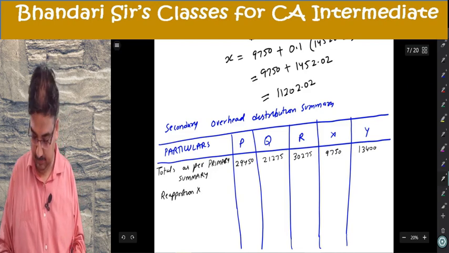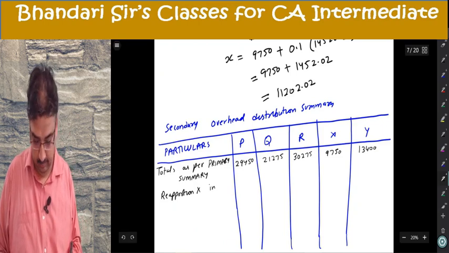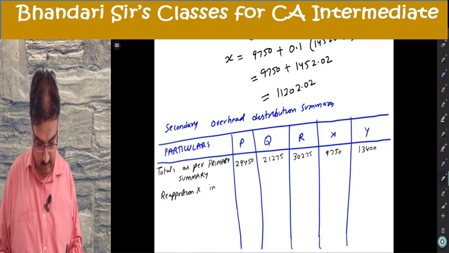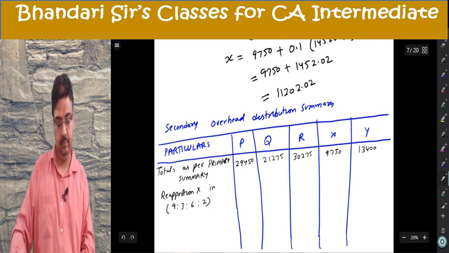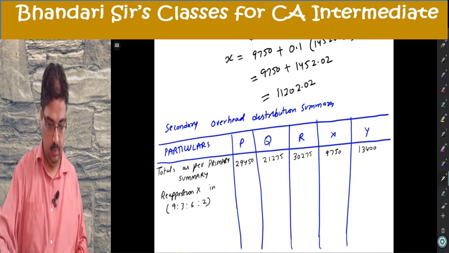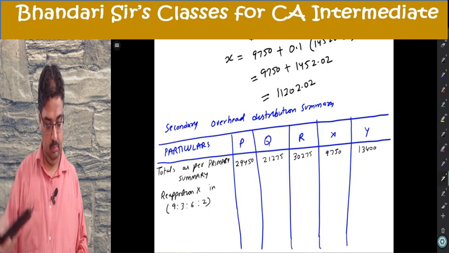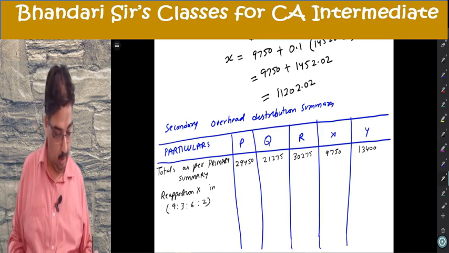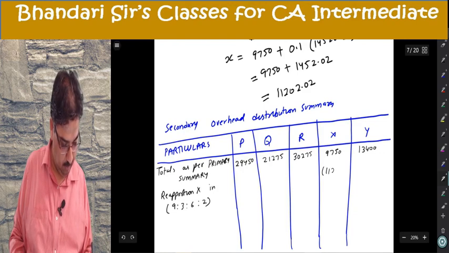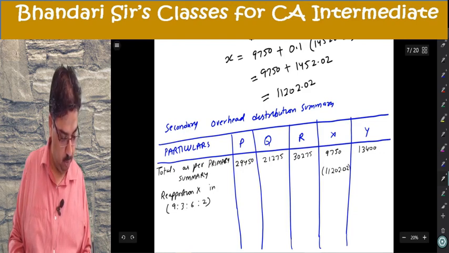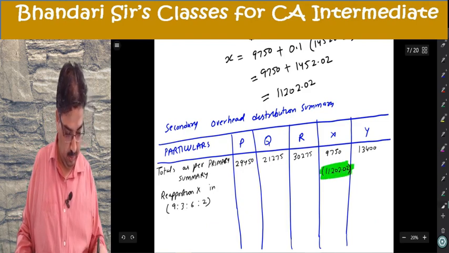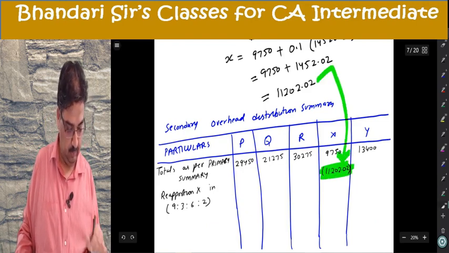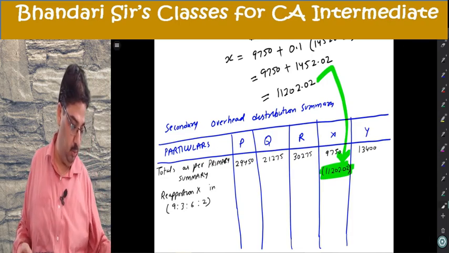Reapportion X in the ratio 9:3:6:2. So this becomes the amount of X, 11,202.02. This is important. It comes from here. So this is something to be careful about.